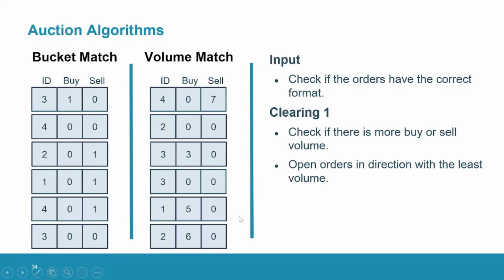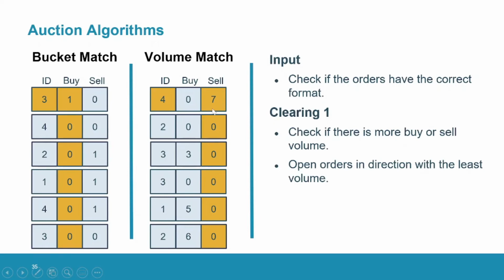And now you observe that the orders in the direction with least total volume will actually be all matched. So we can just open all the information in that direction. So in the bucket match, we are going to open all the buy bits. And in the case for the volume match, we are going to open all the sell volume, since we know this will all be matched.